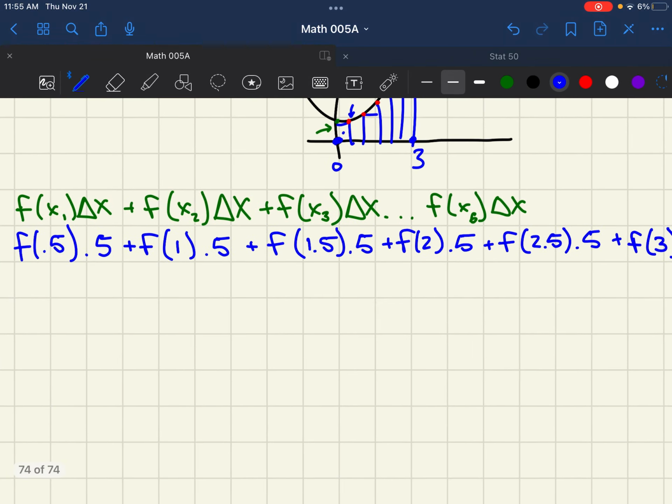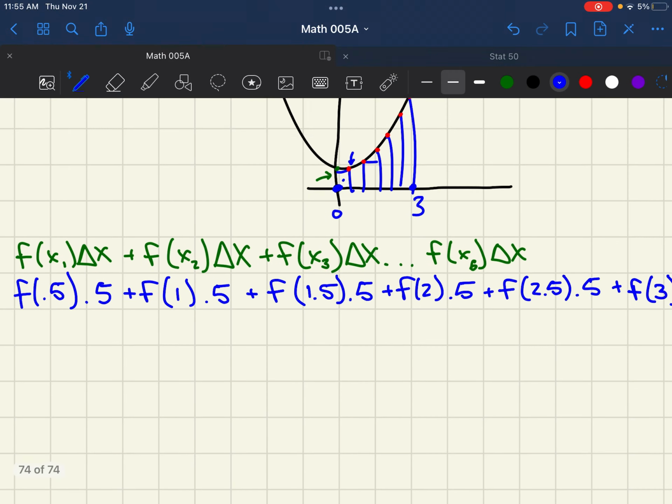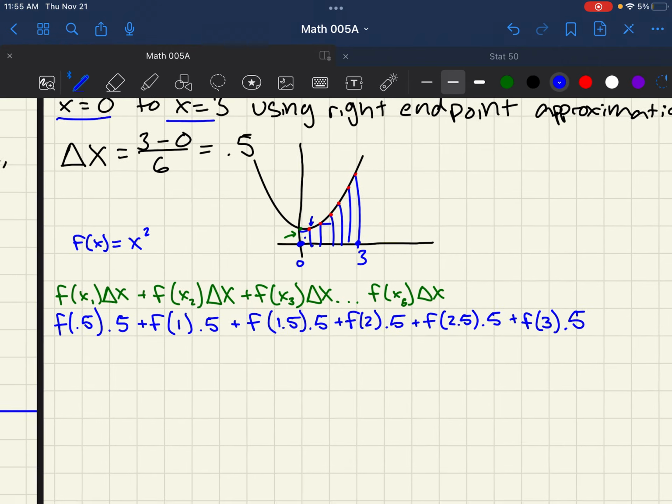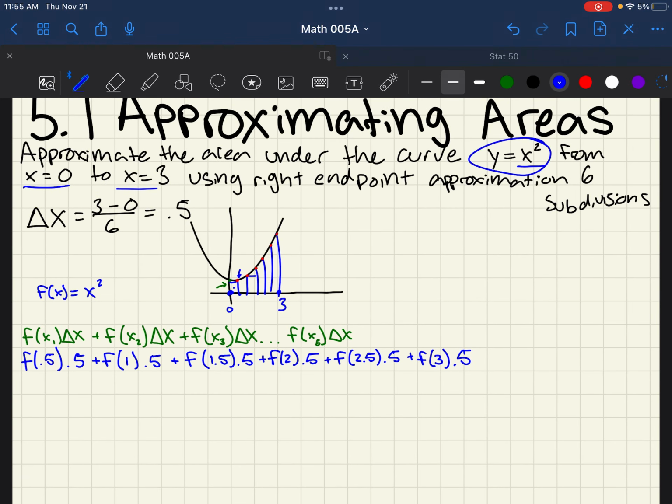So then to do this, we already know f of x is equal to x squared. We found that up here.